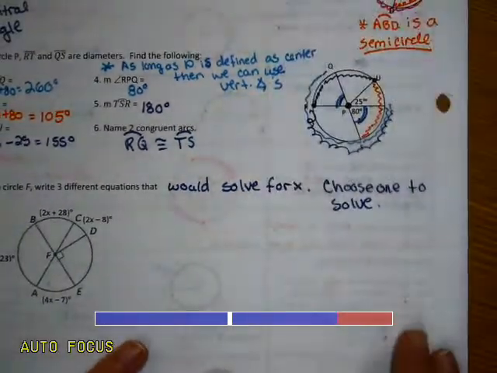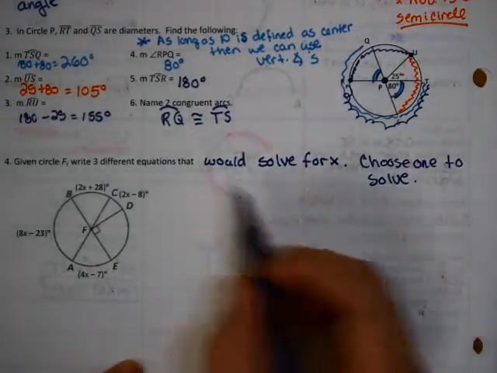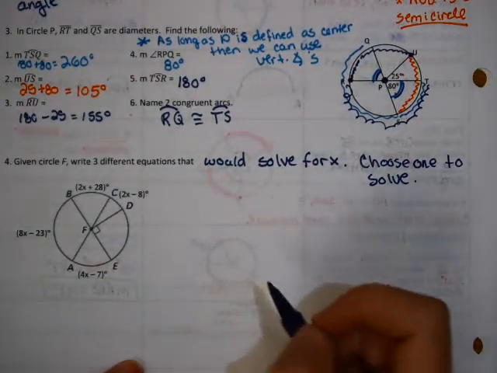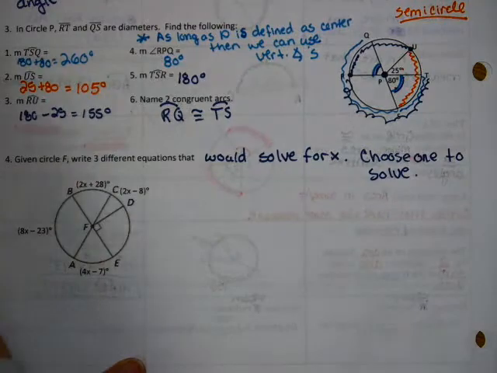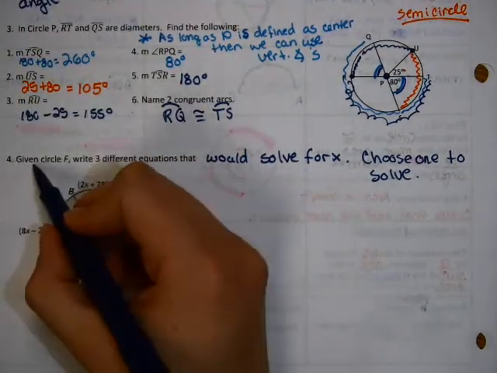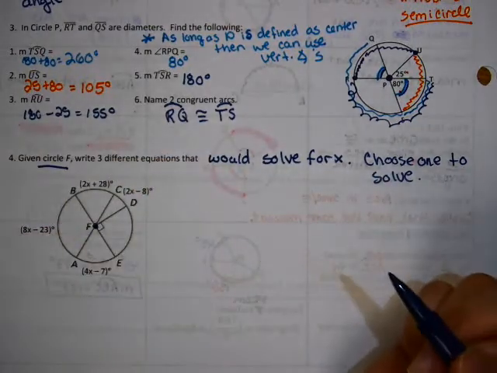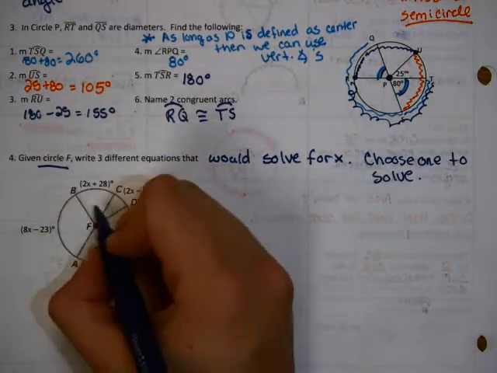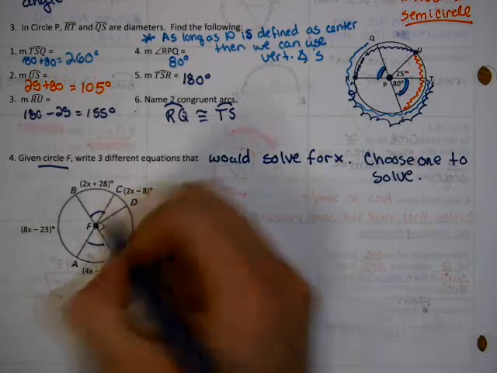All right, let's look at this circle here and write the 3 different equations. Again, as long as we know F is defined as the center, which it says given circle F, that means we can use vertical angles.